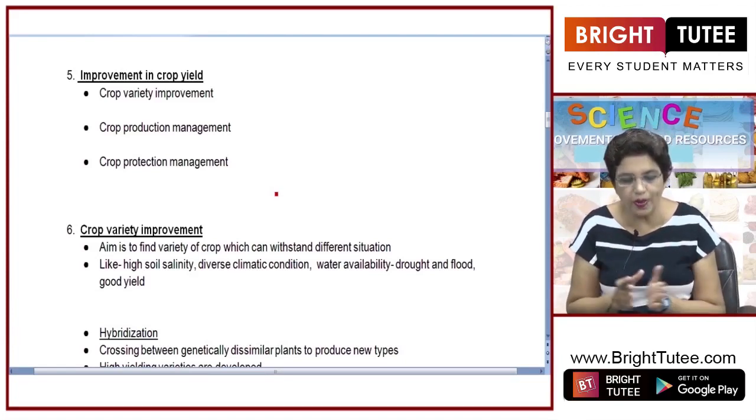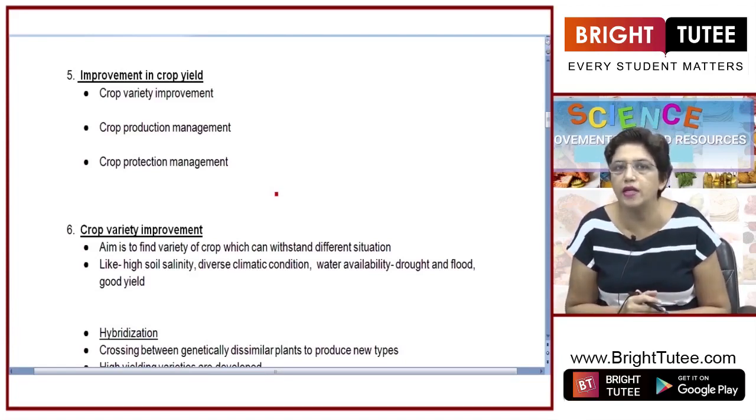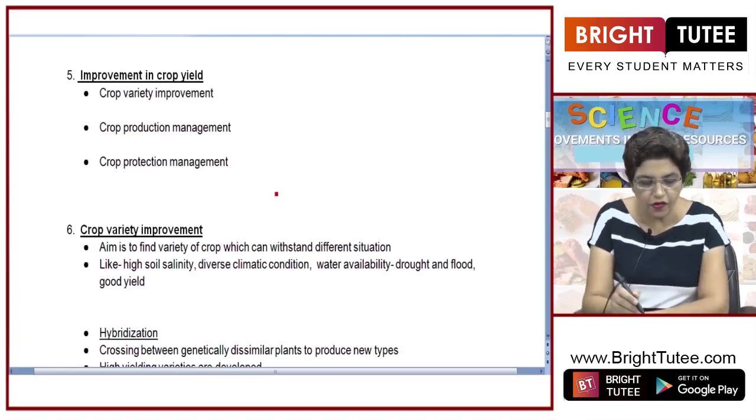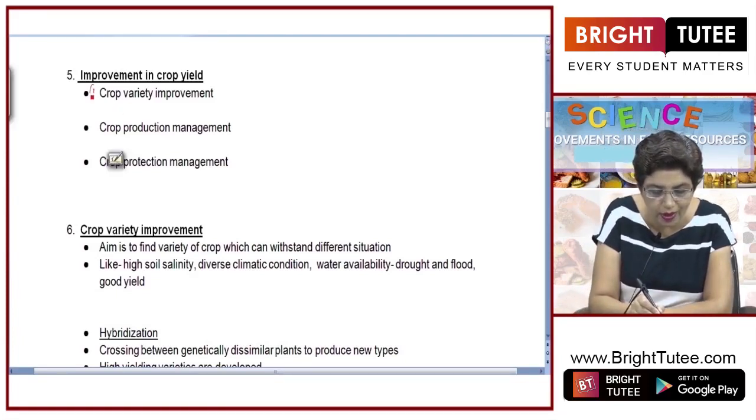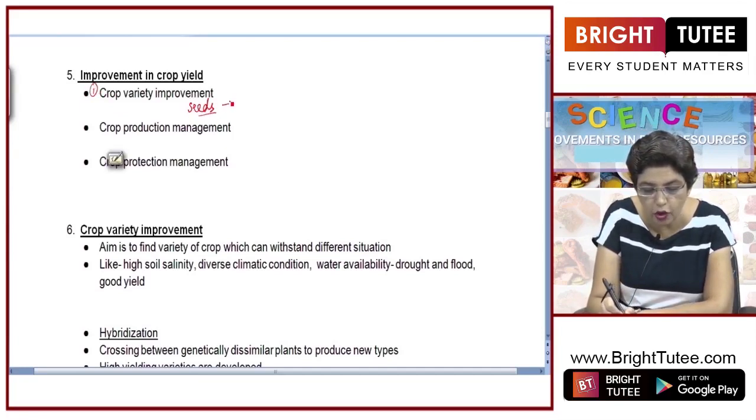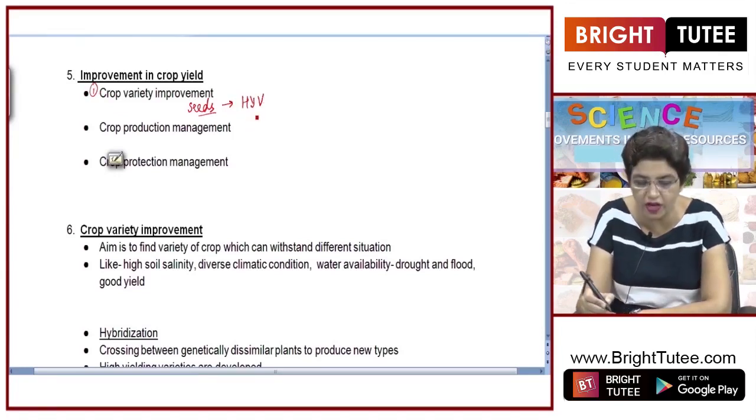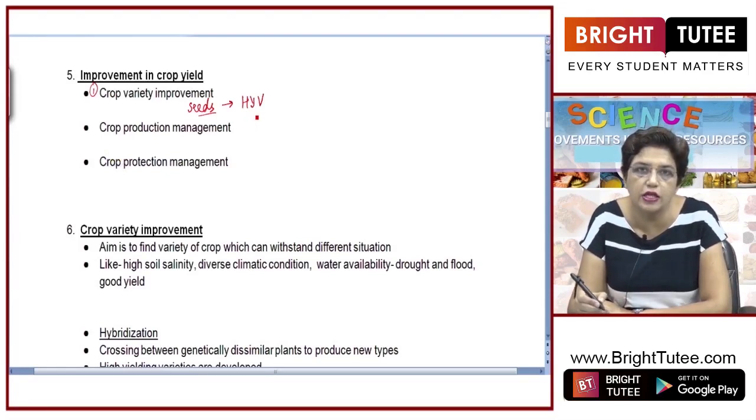So this improvement in crop yield can be divided into three steps. The first step is crop variety improvement. That is, we need better quality of seeds. We have already provided high yielding variety. HYV means high yielding variety of seeds.